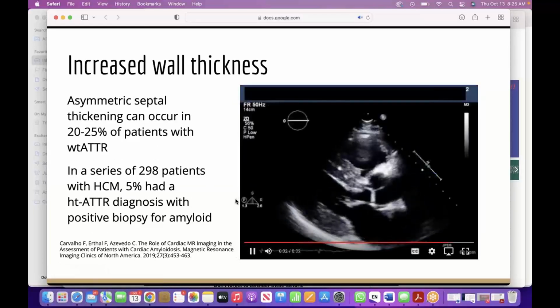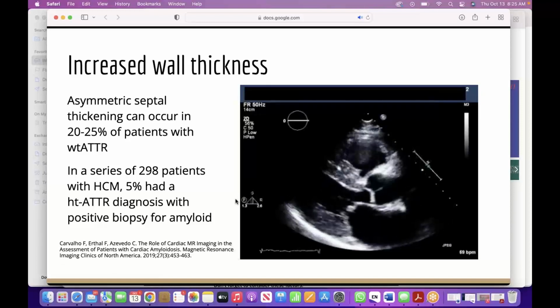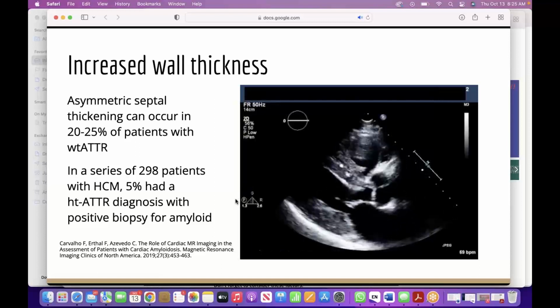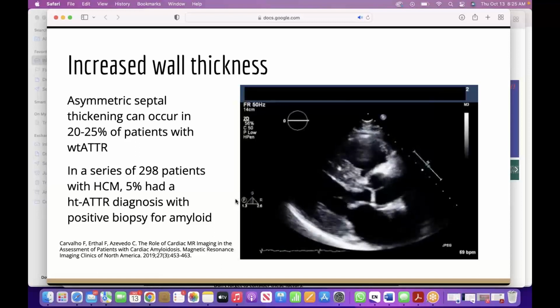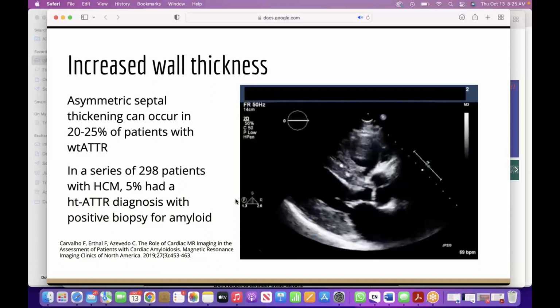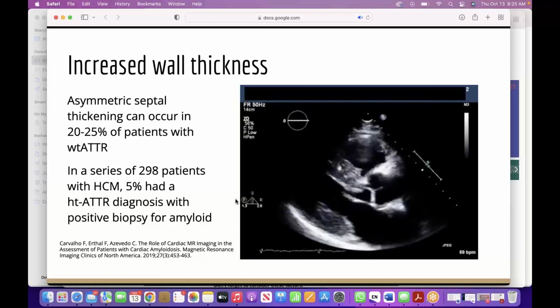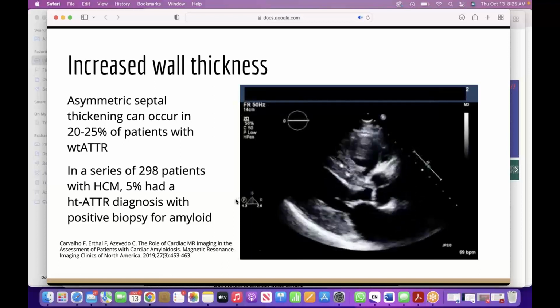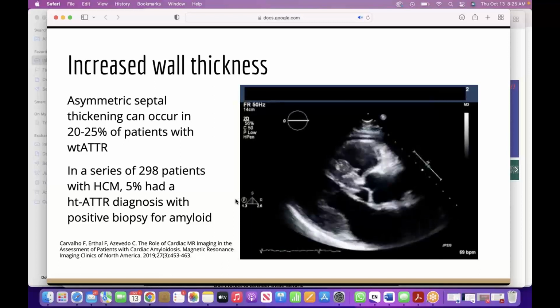One interesting review of biopsy-proven cardiac amyloid and HCM correlated with genotyping had shown that asymmetric septal thickening occurred in 20 to 25% of patients who had a diagnosis of wild-type ATTR. So you can imagine how that would overlap with our hypertrophic cardiomyopathy patients who also have asymmetric septal hypertrophy.